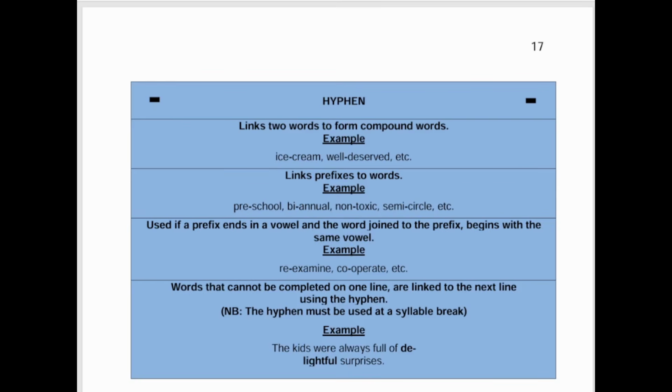Those are words that have prefixes, etc. NB: a hyphen is used if a prefix ends in a vowel and the word joined to the prefix begins with the same vowel. Example: re-examine, co-operate.